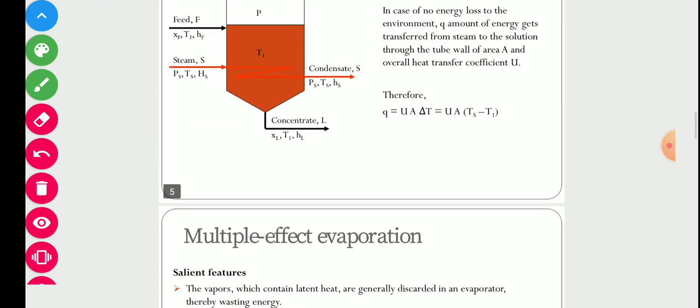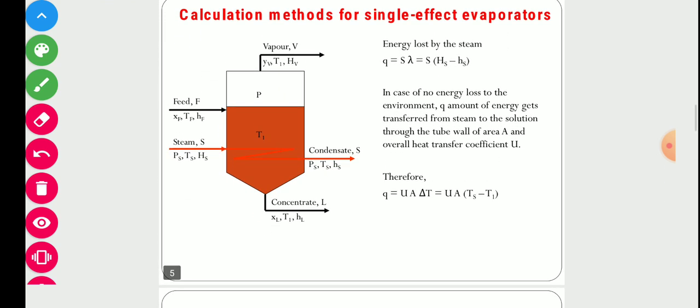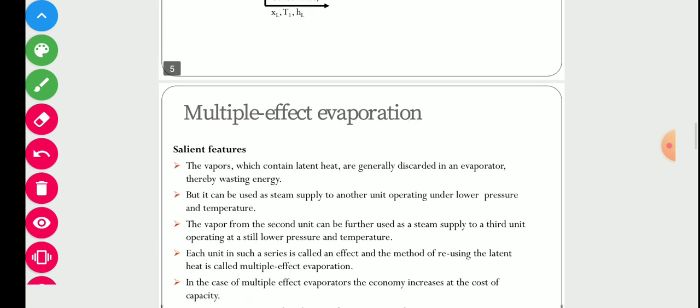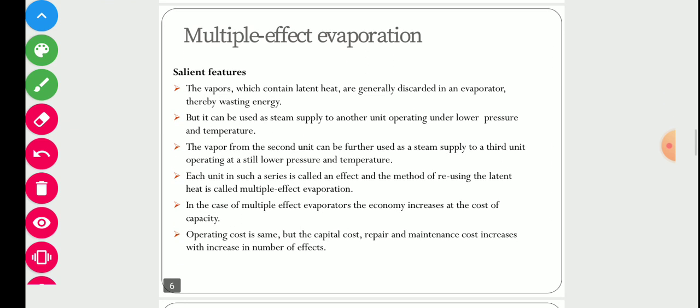So this is all about a single effect evaporator. Now in case of a multiple effect evaporator, we have a series of evaporators connected, and material has to pass through different units, and at the end we get concentrated solution. The vapor which contains latent heat is generally discarded in an evaporator, thereby wasting energy.